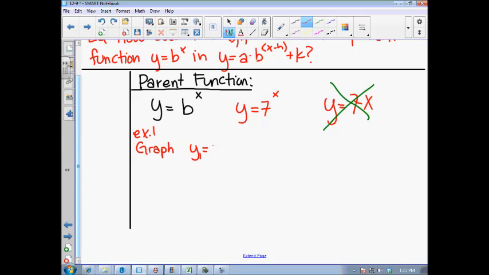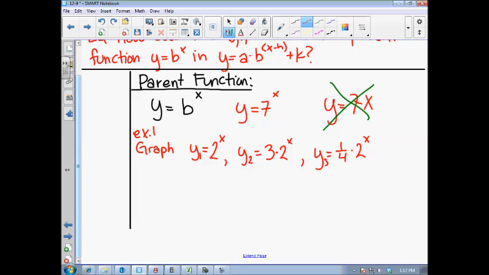We're going to start with a smaller number so it's not growing so fast. y equals 2 to the x. Then we're going to graph a second function, y2 equals 3 times 2 to the x. And the third one, y3 equals 1/4 times 2 to the x. So they're all 2 to the x.